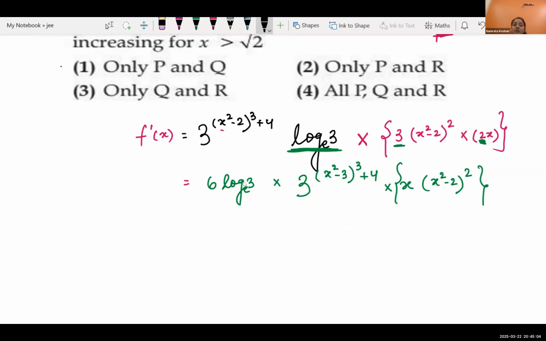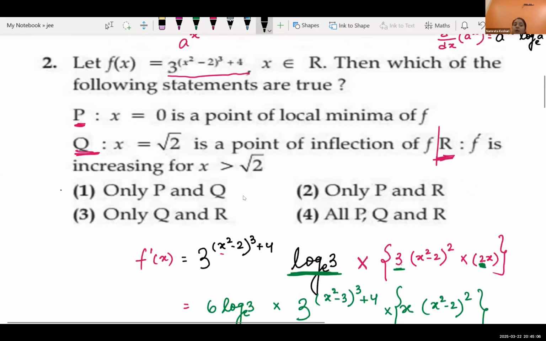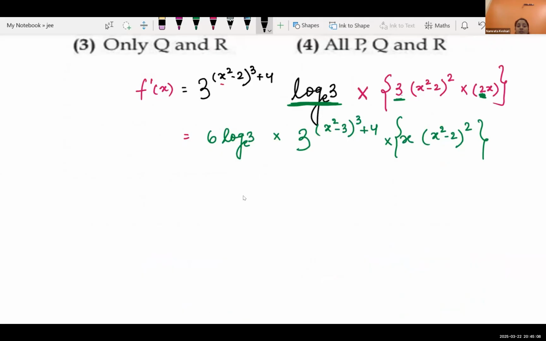One more thing. Is it a local minima? Minima means the function is first decreasing and then increasing. That is only minima, right?